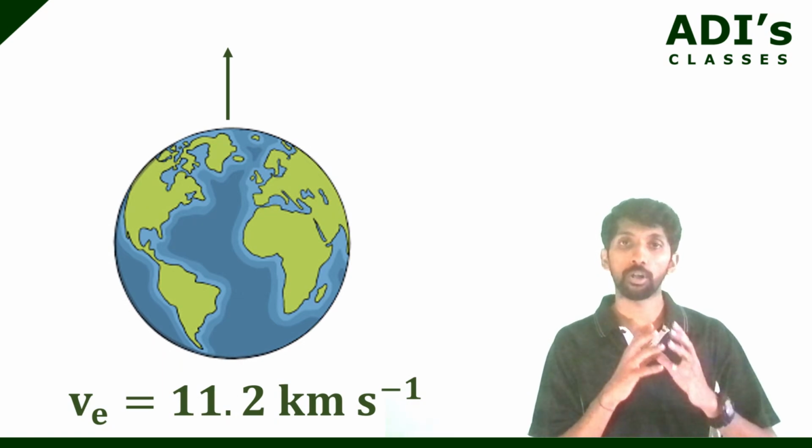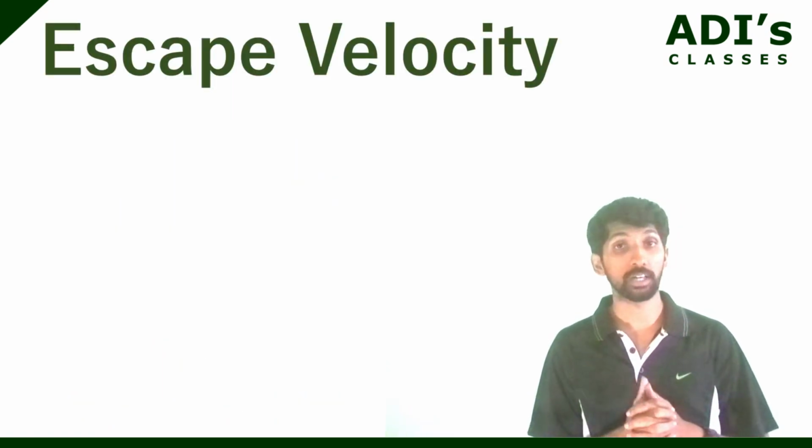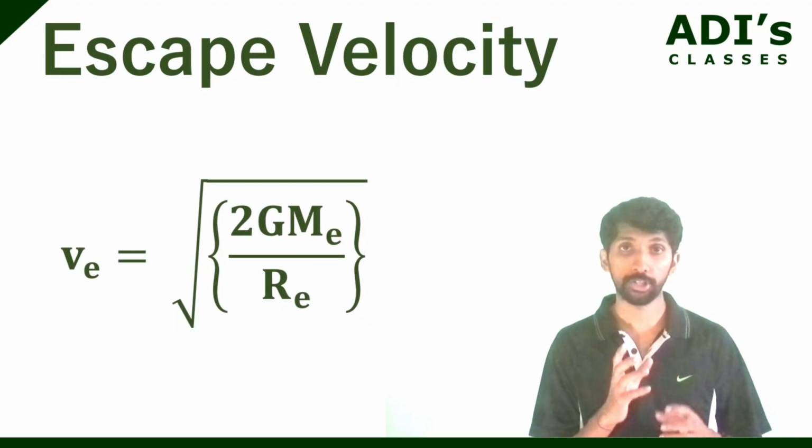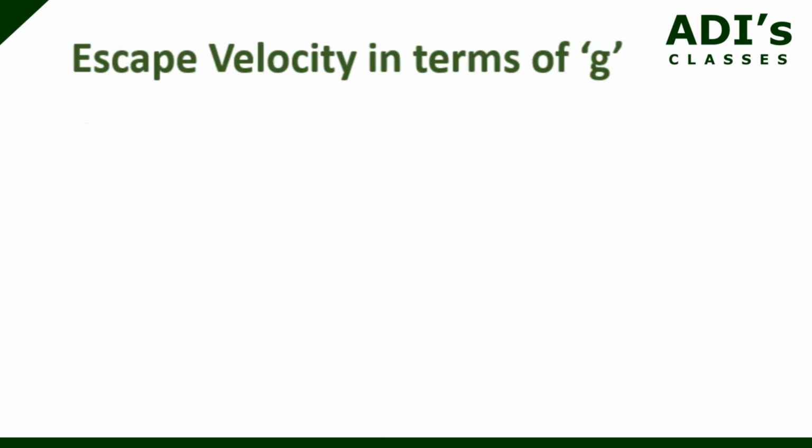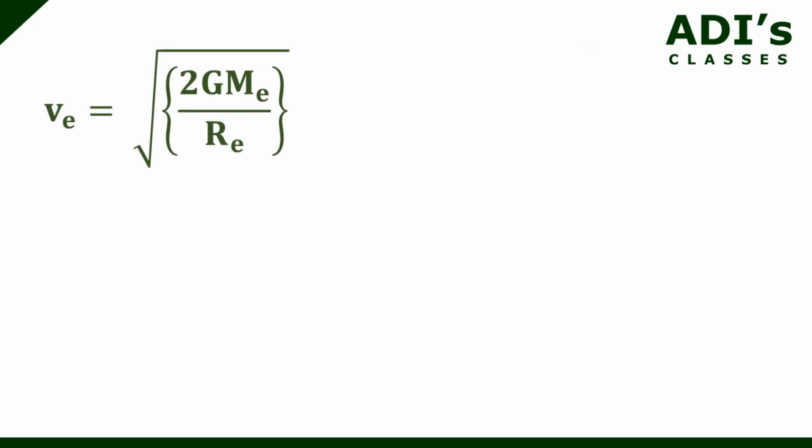We can also write escape velocity in terms of the acceleration due to gravity. Let's see how that goes. We have g is equal to G Me divided by Re square, so G Me is equal to Re square into g. Substituting that, we get Ve is equal to root of 2 Re square g divided by Re.